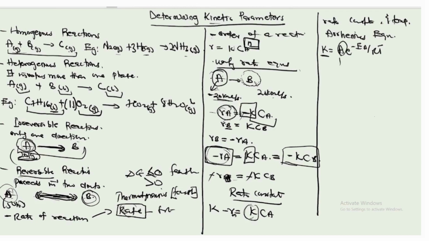This A here is our pre-exponential factor or frequency factor. And then this EA here, E subscript A, is what you call activation energy. And then our R here is our gas constant, T here is our temperature.